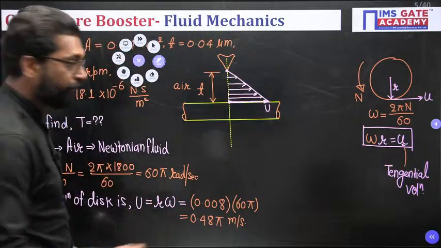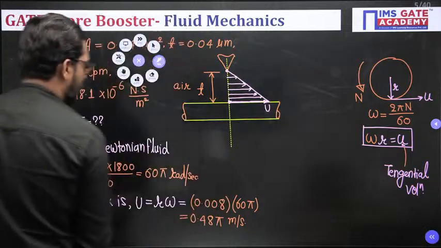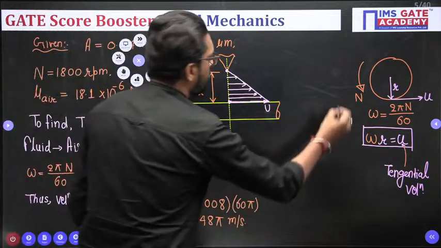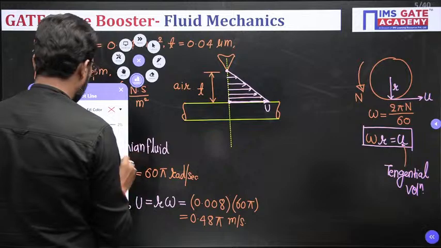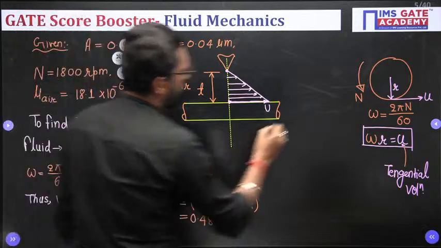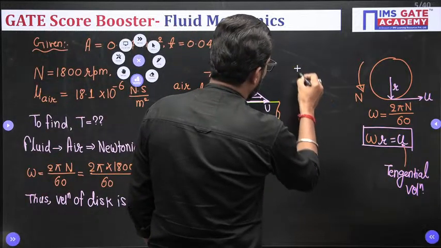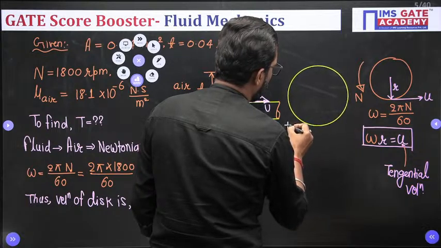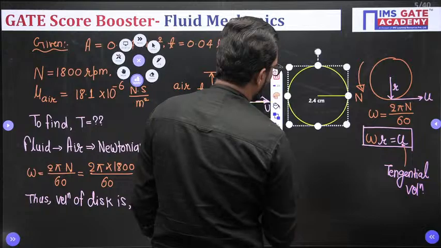Now, if you draw it like that, there is a disc also. This is your disc, this side.